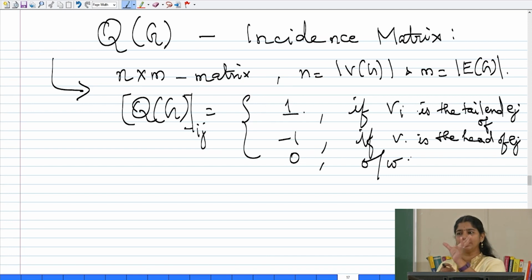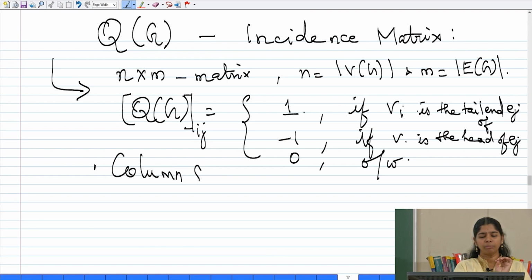If you add all the ones going out of i, then it will give you the out degree. If you count the number of minus ones, then it would give you the in degree. But our idea is we want to capture the column sum being 0. So for this matrix, the column sum is 0.